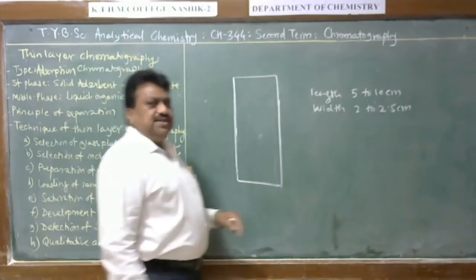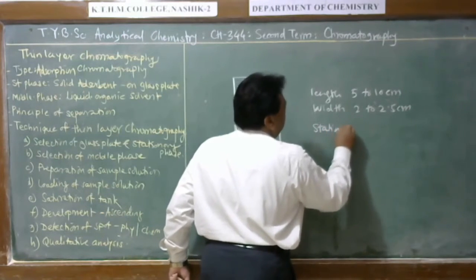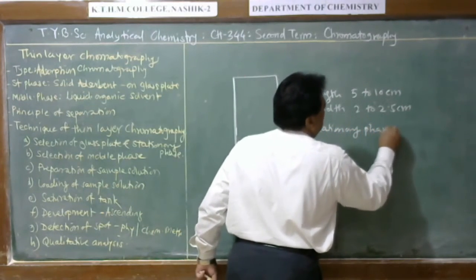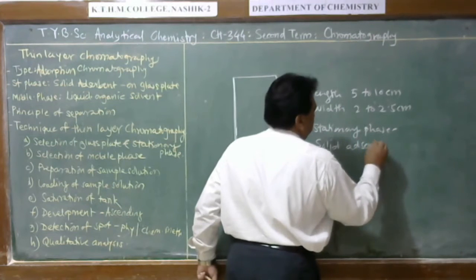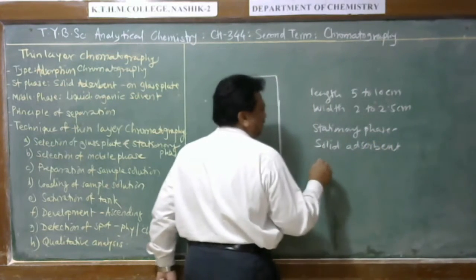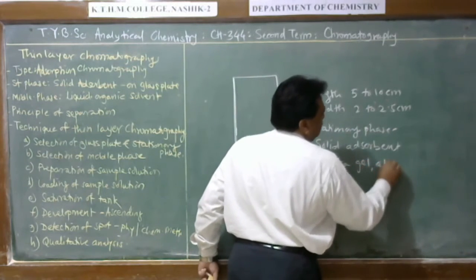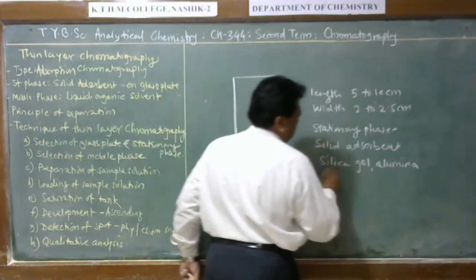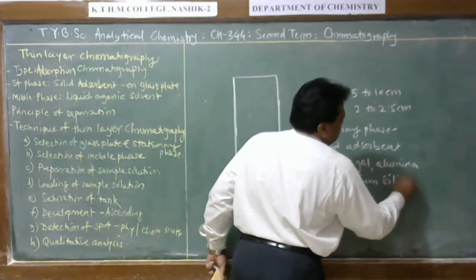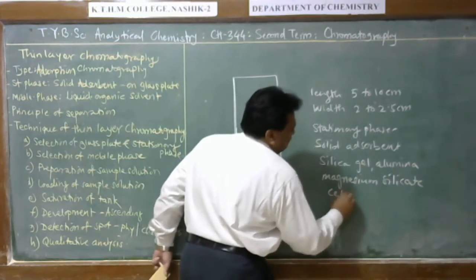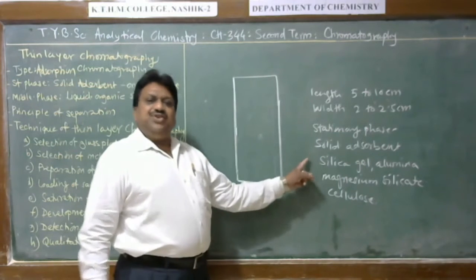The second step is selection of a stationary phase. The stationary phase in thin layer chromatography is a solid adsorbent. This solid adsorbent is in powder form, and this powder form solid adsorbent may be silica gel, alumina, sometimes magnesium silicate, or cellulose powder, which can be used as the material for the stationary phase.